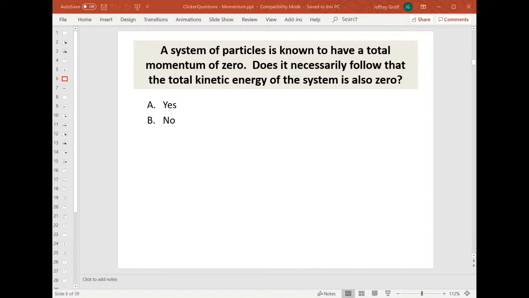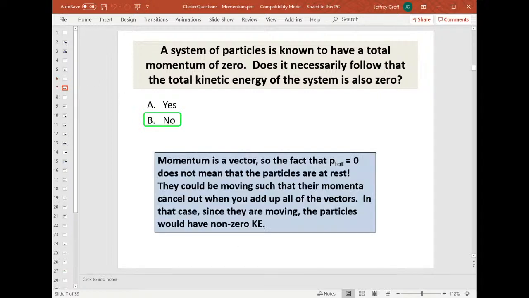38% to 63%. You guys prefer B, no, it doesn't necessarily follow that the total kinetic energy is 0. And that is the correct answer. Because yes, it is possible that if the momentum is 0, the kinetic energy is 0. But it's not the only possibility, because momentum is a vector.